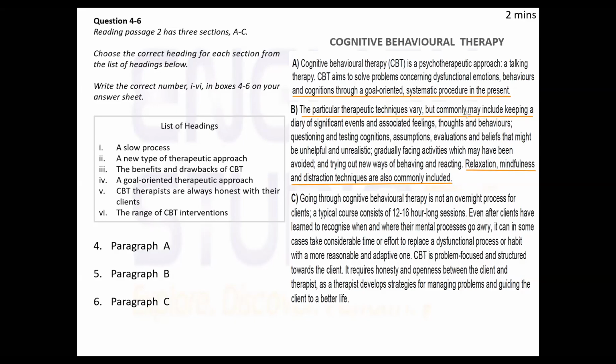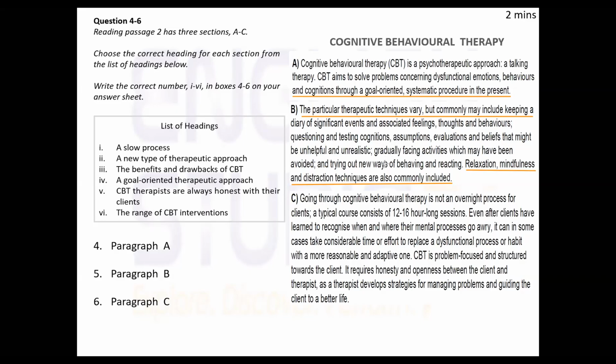In the first sentence of the paragraph, we can see it is stated that the particular therapeutic techniques vary. Therapeutic techniques means interventions, but commonly may include keeping a diary of significant events and associated feelings. Ini cara kerjanya si CBT ini, gimana teknik-teknik yang diterapkan dalam terapi cognitive behavioral.